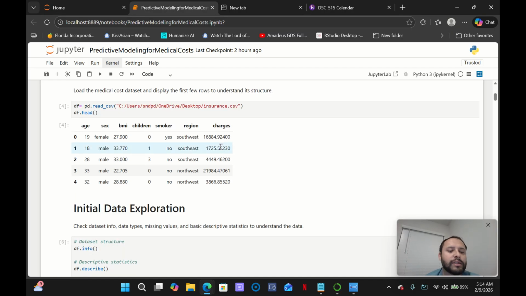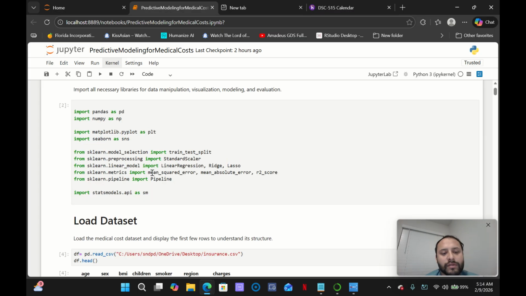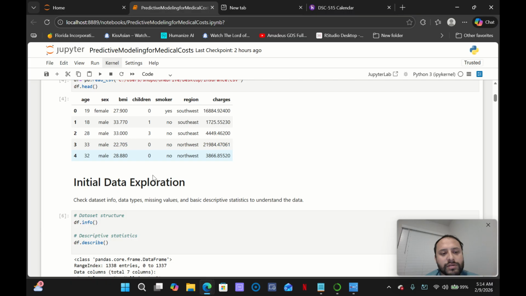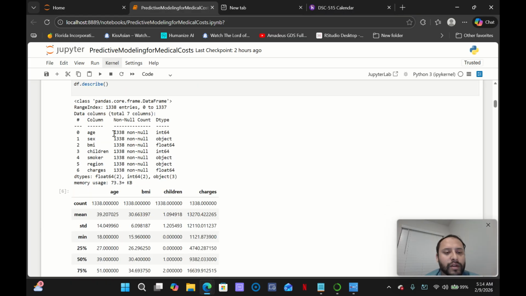In this data exploration, we can see that it contains 1338 entries and 7 columns: age, sex, BMI, children, smoker, region, and charges.